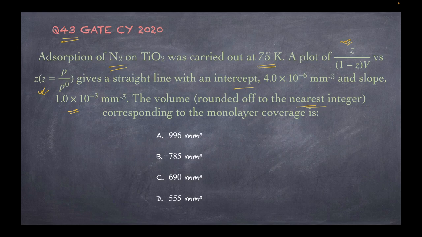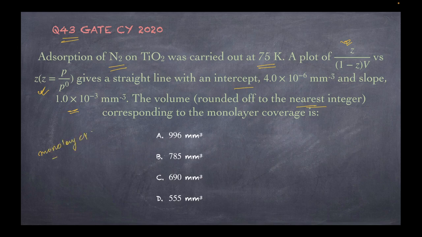Now we know that for adsorption of any gas on a surface, we can use two types of expression: the Langmuir isotherm and the BET isotherm. Langmuir isotherm is basically for monolayer adsorption, that means when the gas molecules are adsorbed in only one layer on the solid surface.